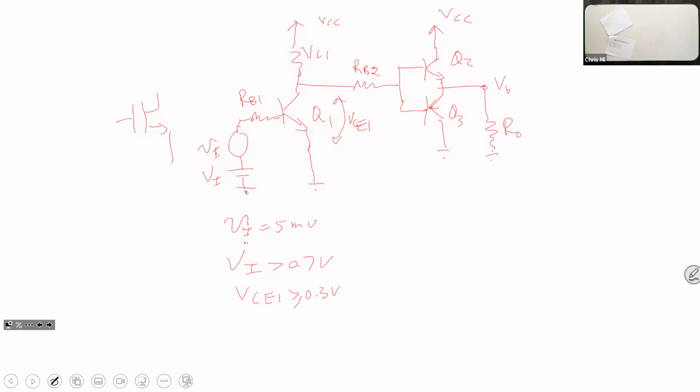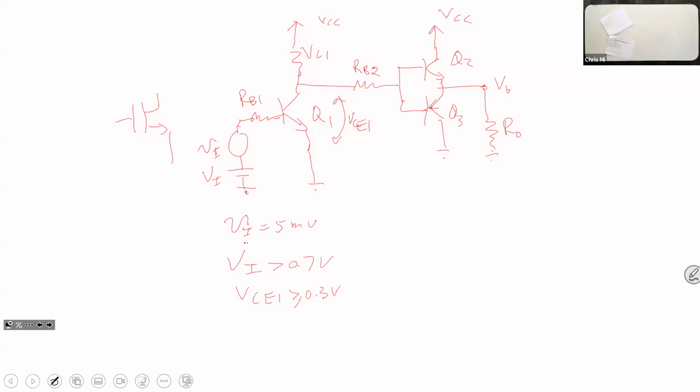So then we need the current at the node. Basically our VCE is just our voltage at C, because we know that VE equals 0, since we've defined it as ground.